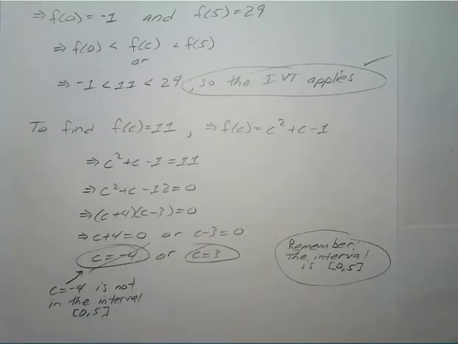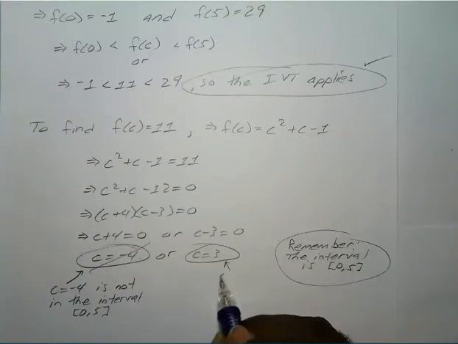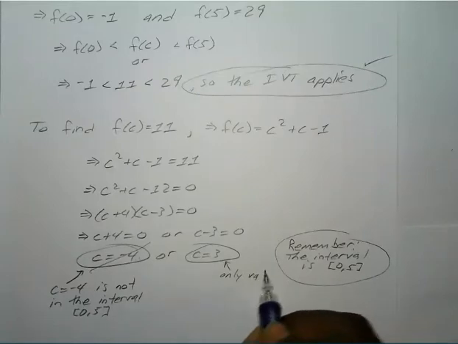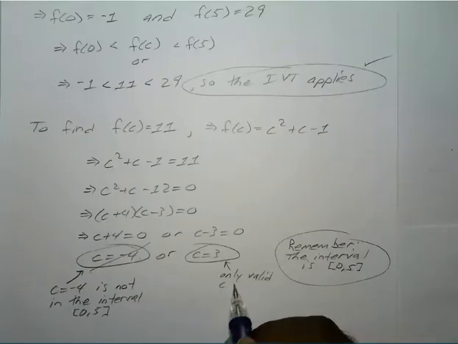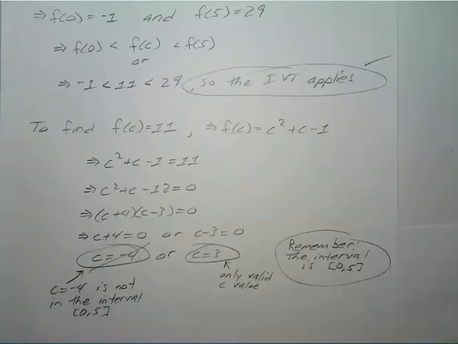Okay, so we can't use that one. Now 3 is between 0 and 5, so that's perfectly okay to use. Only valid c value. Okay, so we can see just from that our f of 3 is equal to 11, which is your answer.